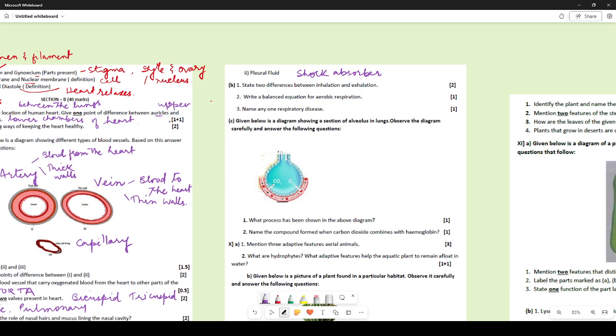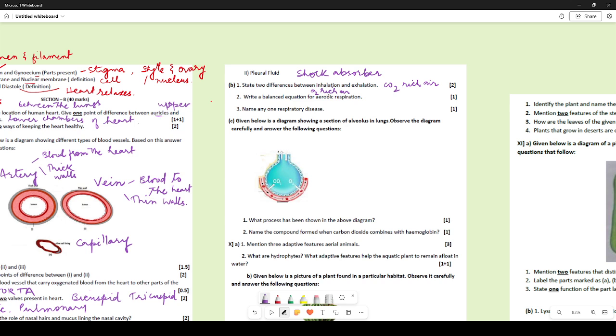State two differences between inhalation and exhalation. We have already talked about inhalation and exhalation. Inhalation is taking in oxygen rich air, and in exhalation carbon dioxide rich air. Also the diaphragm flattens when there is inhalation.